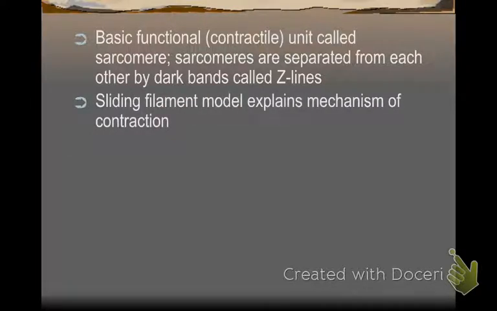And the process of overlap is called the sliding filament model. What filaments are we talking about? Actin and myosin. Okay, which one is the thick one? Myosin. We are going to remember that now, aren't we?